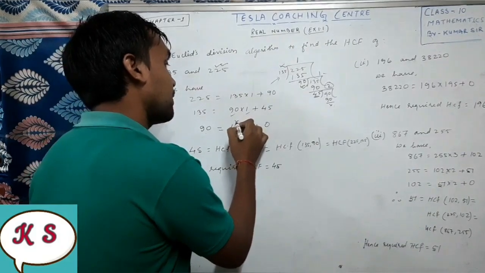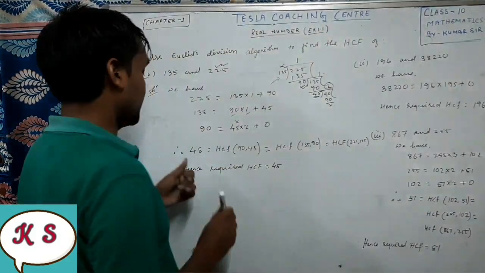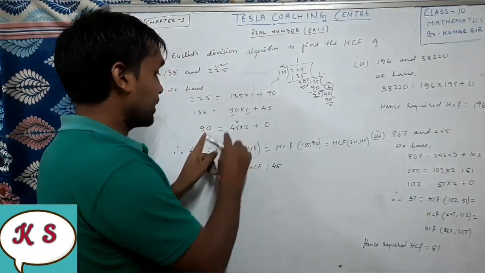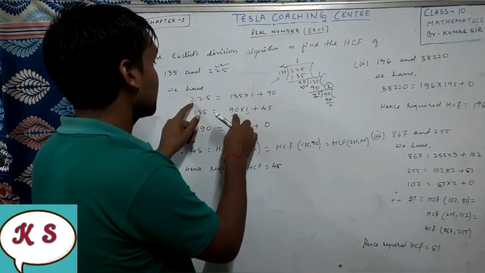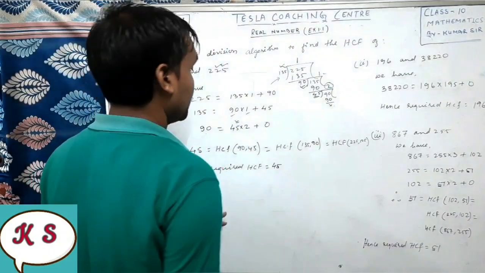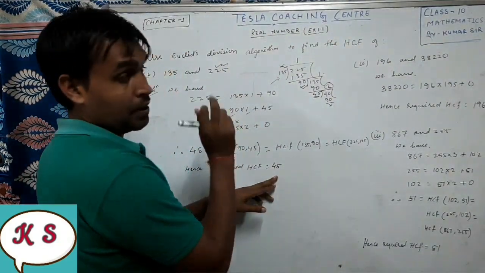So this 45 will be our HCF. Since 45 is equal to HCF of 90, 45, 135, 90, 225, 135, we have written, hence the required HCF is equal to 45.